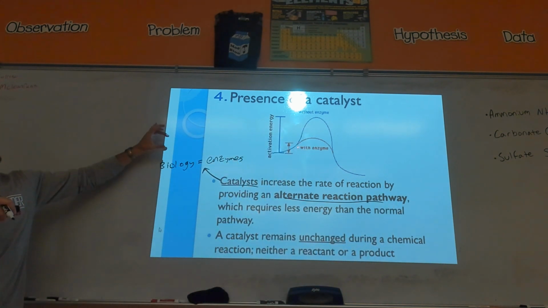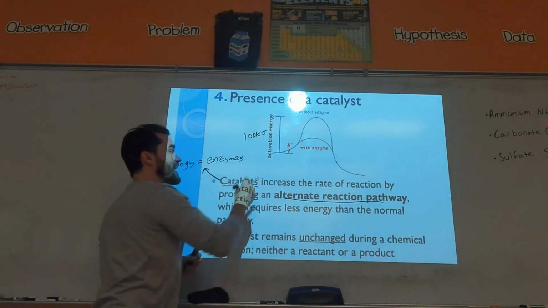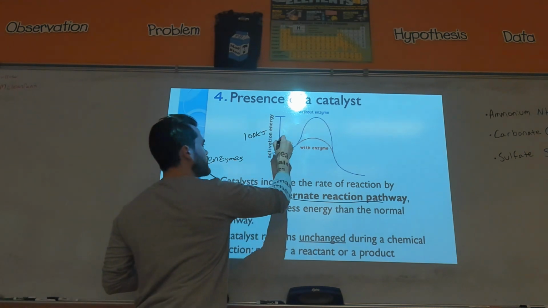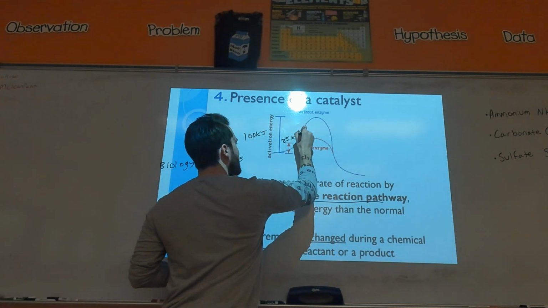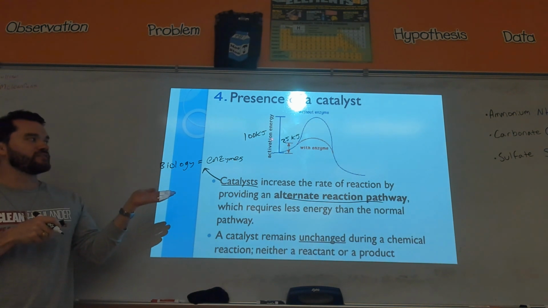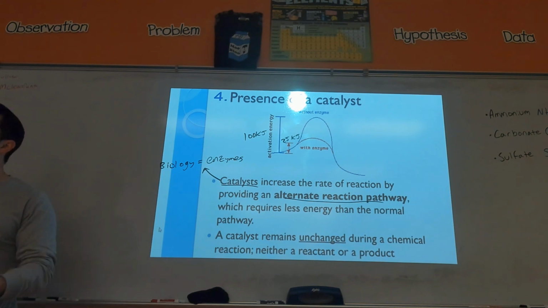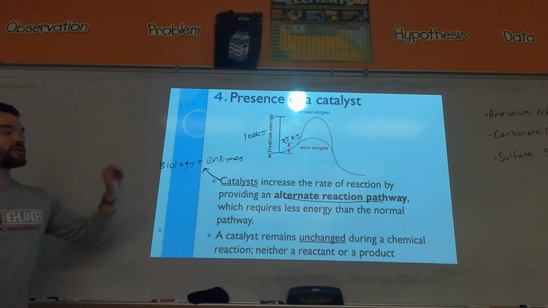They lower the activation energy. So instead of me having to put in, let's say this is 100 kilojoules of activation energy, now I only need to put in, let's say, 25 kilojoules of activation energy. It's a lot easier to provide 25 than 100. So the lower the activation energy, the more you can do that chemical reaction, and the faster you can do it. So that's how catalysts are going to increase the rate of a chemical reaction.